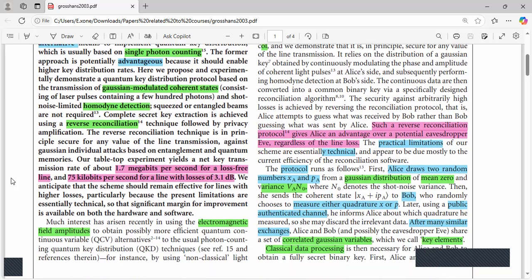They make use of the reverse reconciliation scheme, a classical post-processing technique in which Alice has to estimate what Bob has measured.